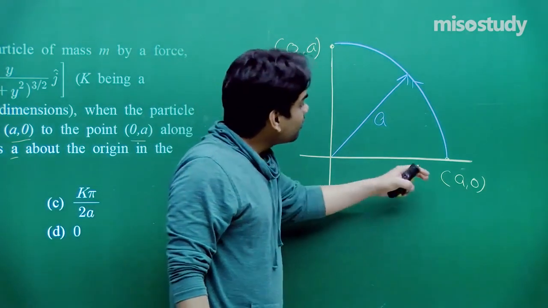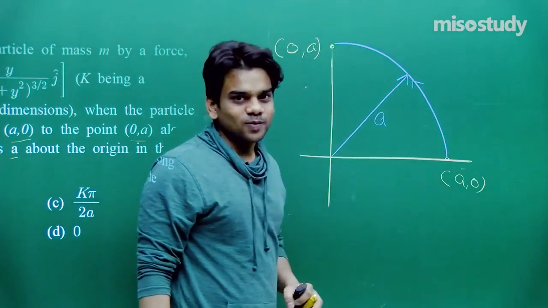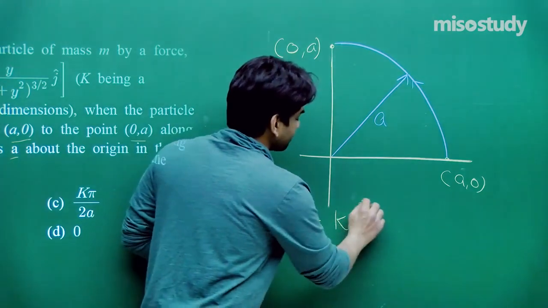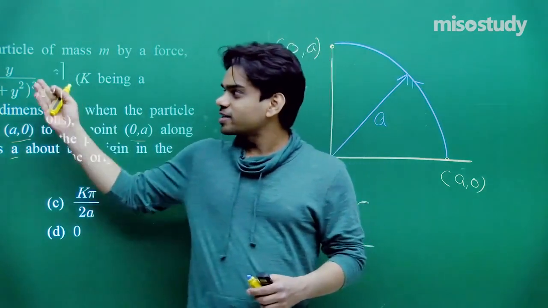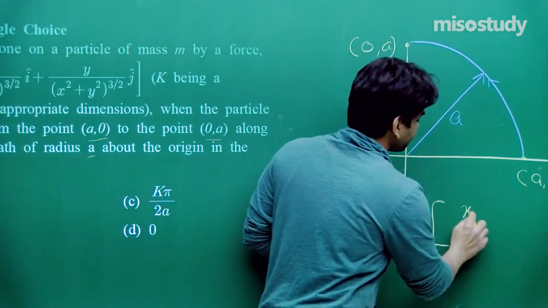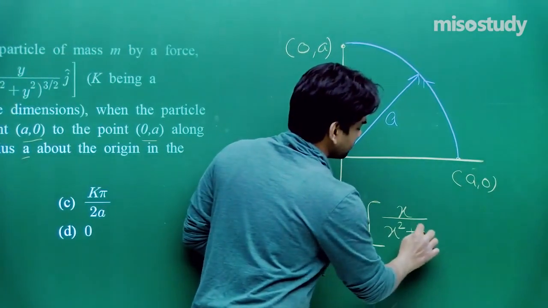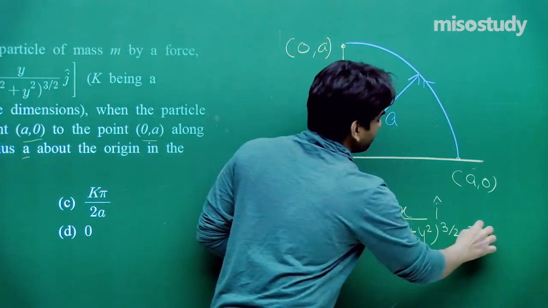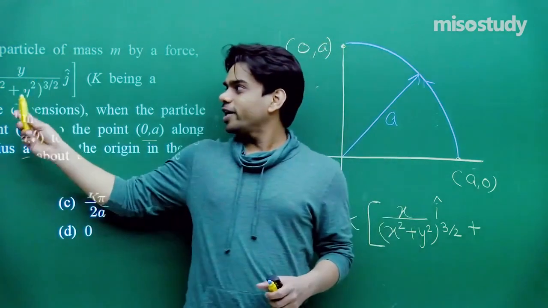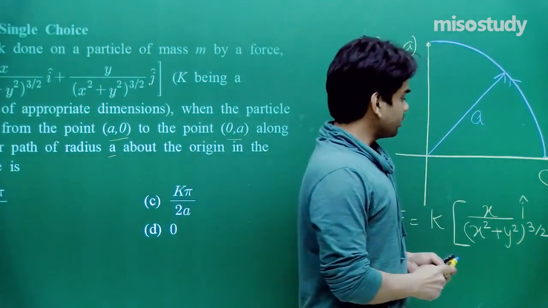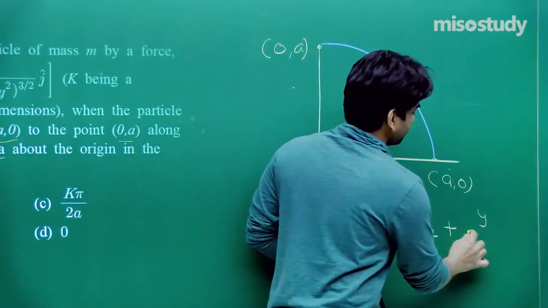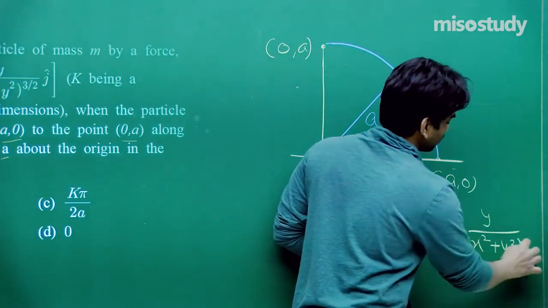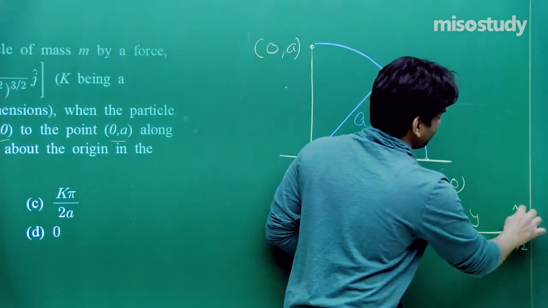Now while it is taken along this path, the force acting is given as k, then in brackets x upon (x square plus y square) power 3 by 2 i cap, plus y divided by (x square plus y square) power 3 by 2 j cap.